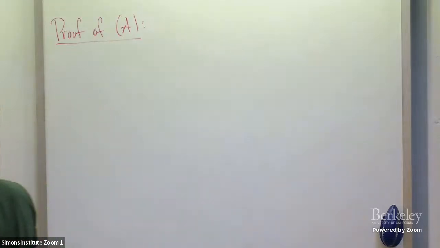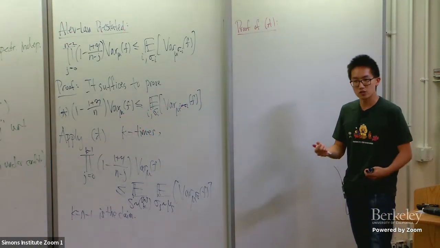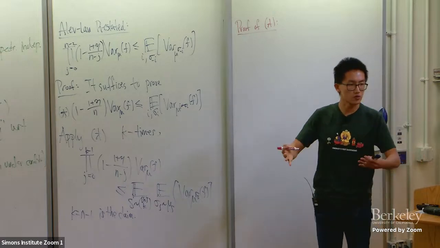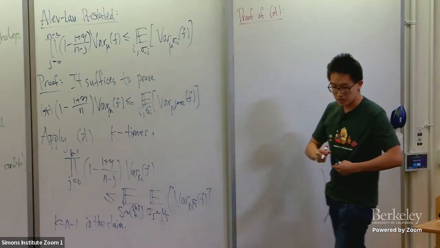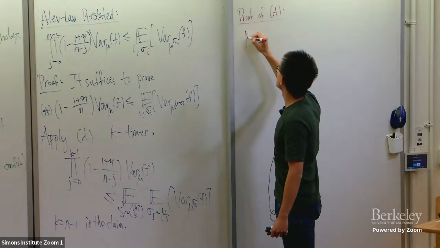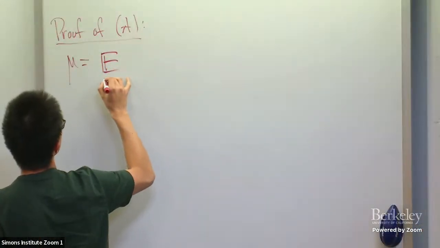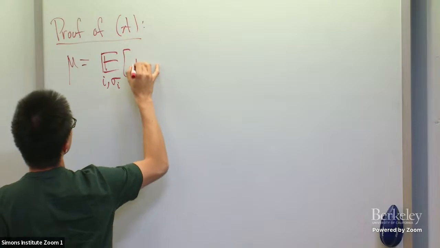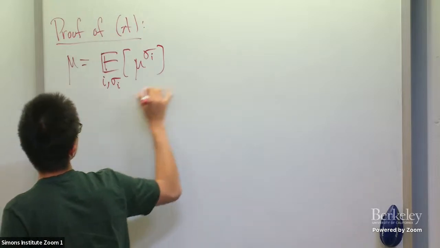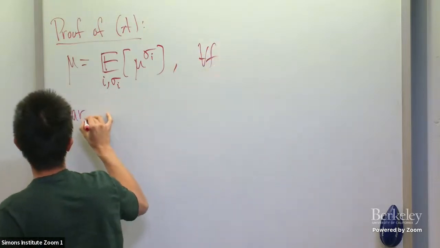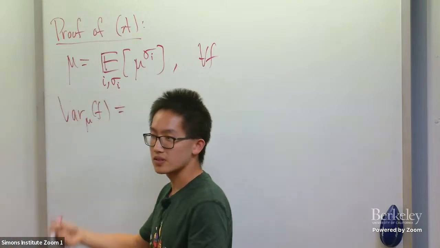Okay. The first thing that you would do, if you're doing conditioning and I have a global variance, is apply the law of total variance. What it means is that if I decompose my measure as a mixture, say the expectation over i and sigma_i of the conditional measure, then for every function f, the global variance of that function can be decomposed as the variance of the expectation plus the expectation of the variance.